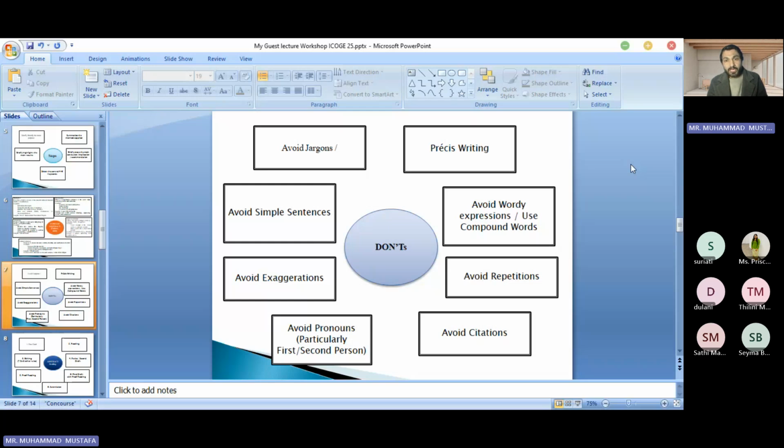So we should try to avoid simple words and use compound and complex types of words. Complex words doesn't mean confusing words. Complex words means words which save our time and which are familiar, like the example of rehospitalized. It's not confusing; it just spares our time.